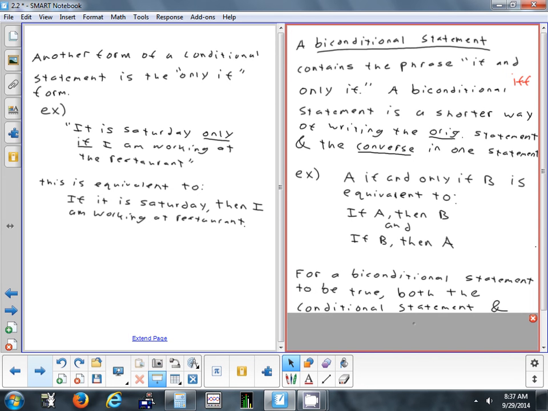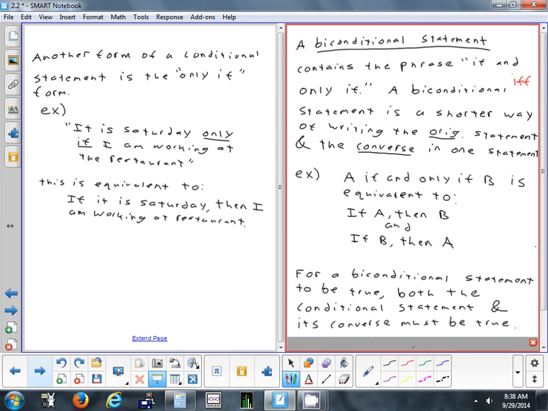So for a biconditional statement to be true, both statements have to be true. Since a biconditional goes two directions, forward and backward, it has to be true in the forward direction, and it has to be true in the converse. If either one of those statements is not true, then the biconditional is not true.